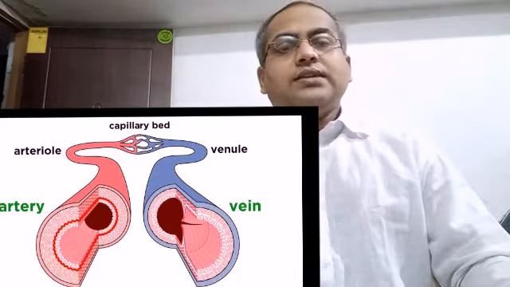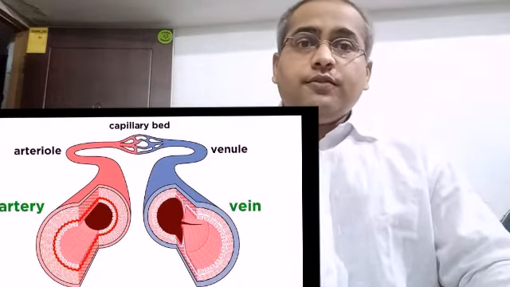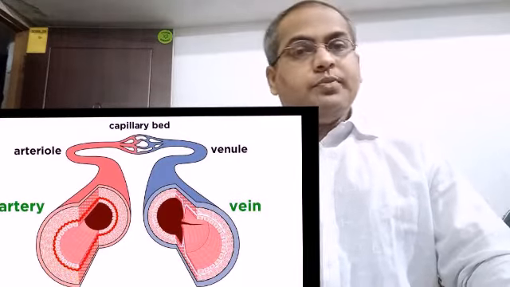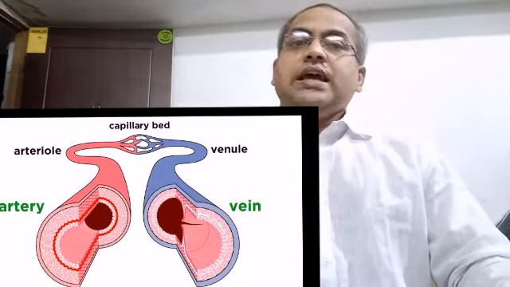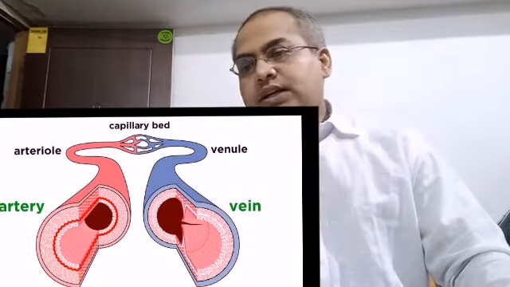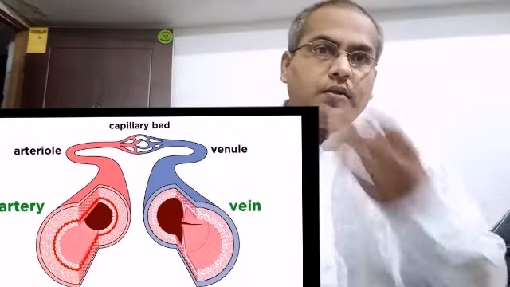So this is the structure of veins. Remember class, veins are situated on the surface of the body.